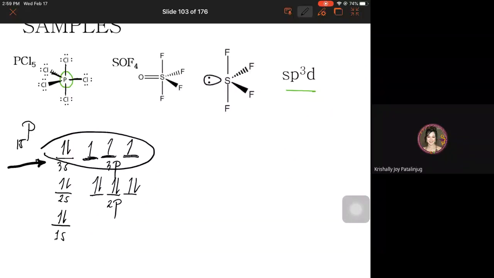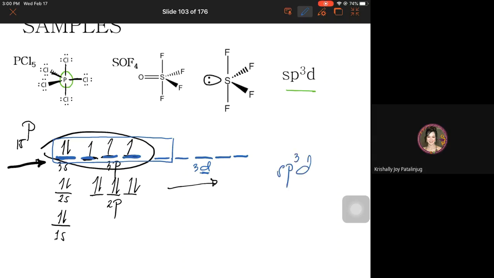So, from this highest energy level, you mix 5 pure atomic orbitals: one S, of course 3 P, and one D. This is 3D. There is a D orbital already in the third level. So to form 5 half-filled orbitals, you mix 5 pure atomic orbitals: one S, 3 P, one D. So sp3d will have 5 orbitals.